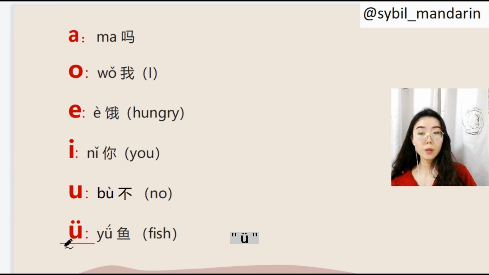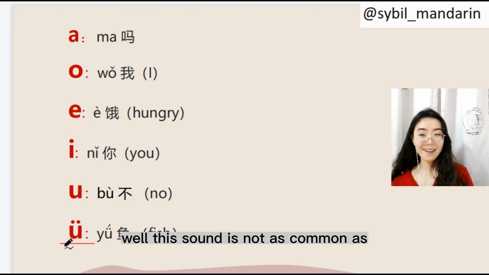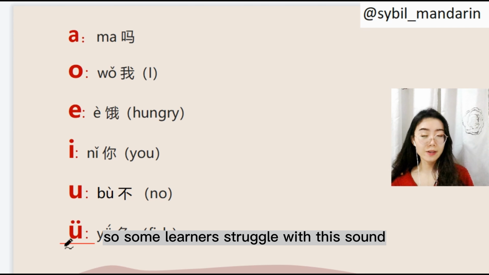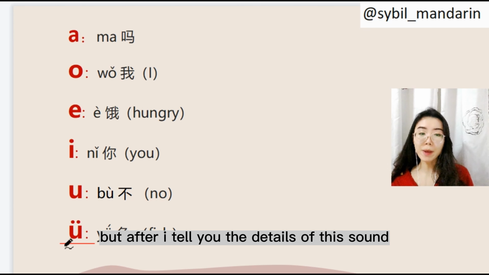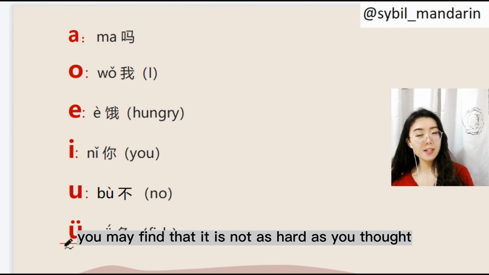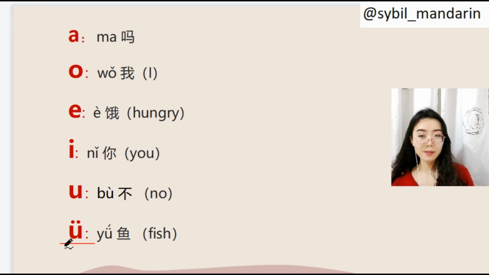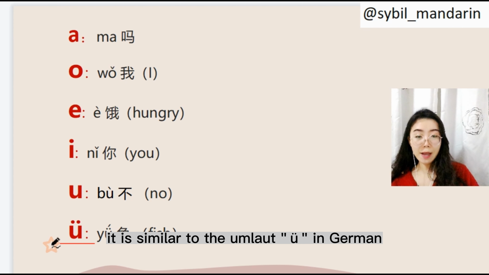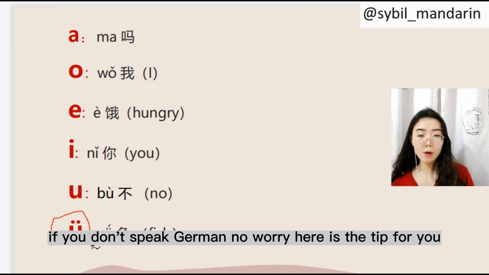Alright, now let's look at the last one, ü. This sound is not as common as the last 5 sounds in other languages, so some learners struggle with it. But after I tell you the details, you may find that it is not as hard as you thought. Firstly, if you speak German, it is similar to the umlaut ü in German. If you don't speak German, no worry, here is your tip.